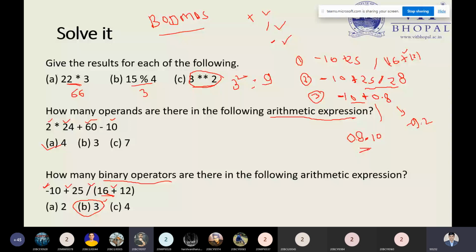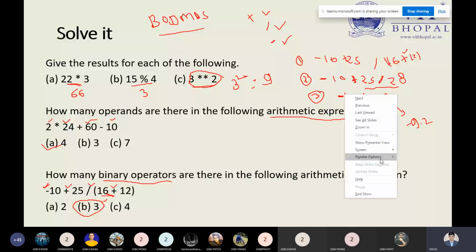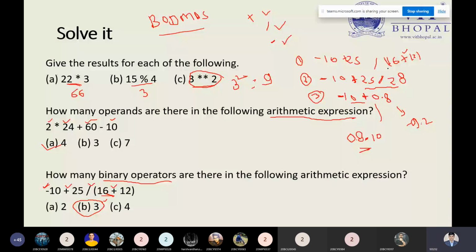Sir, once again explain why it is 3. Why 3? Okay, let me change the color of this pen so you can understand. First, we are performing the addition operator. So plus will be our one operator. Is it okay? Yes, sir.